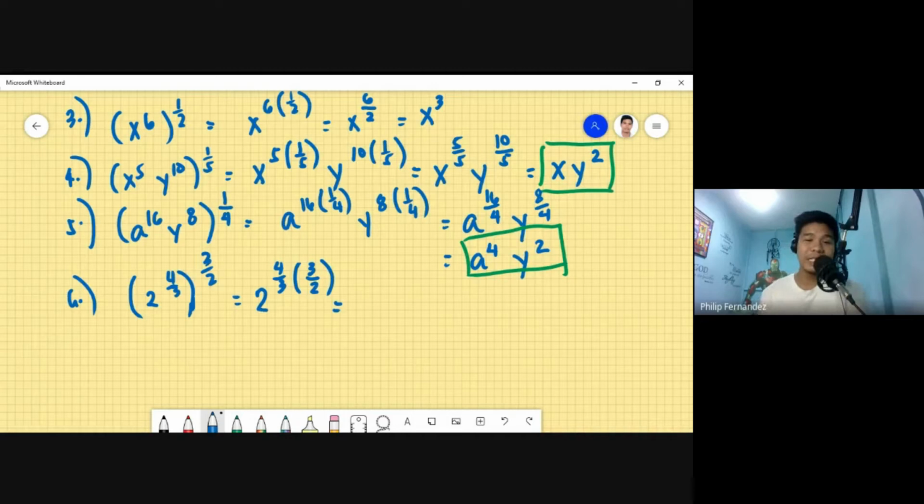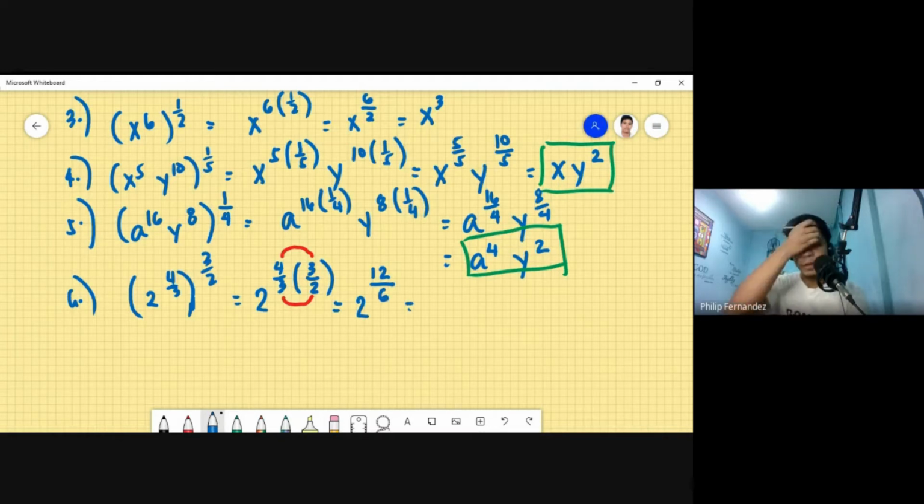And after that, we simplify. So, copy the base 2, multiply the numerator to the numerator and denominator to the denominator. So that is 4 times 3, that is equal to 12, over 3 times 2, which is equal to 6.